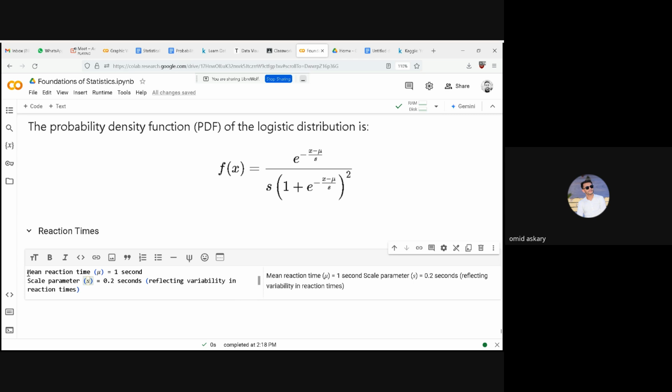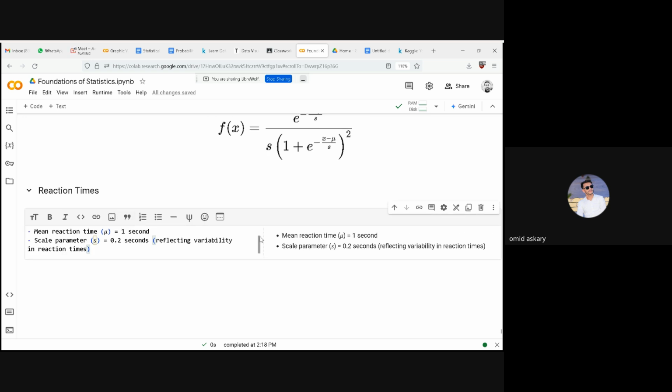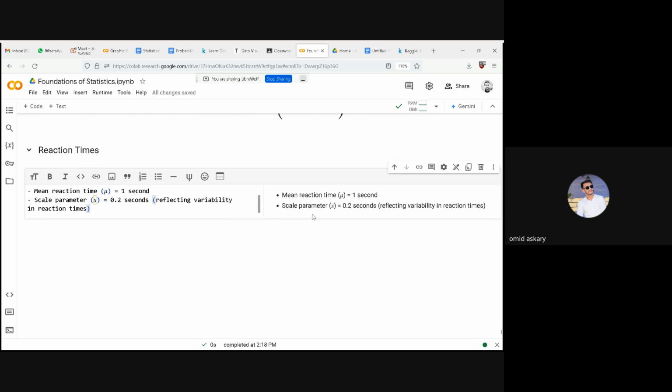This reflects variability in reaction times. One person had a reaction of 1.2 seconds, another 1.1, and so on, but on average this variability is 0.2.